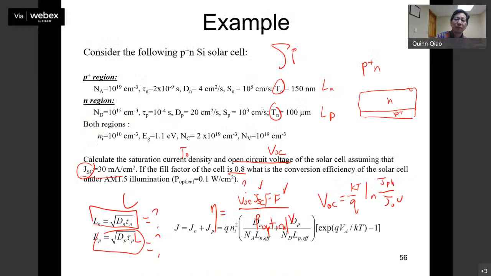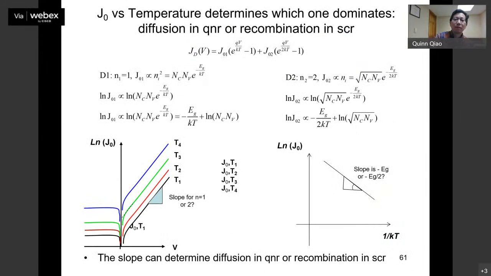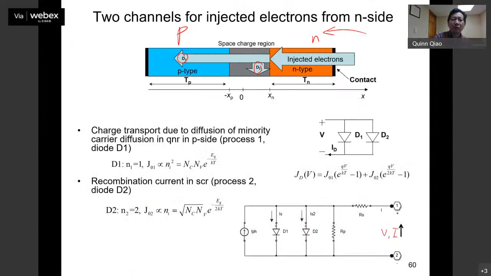That's what it means. Okay, now we have two diodes. This first one is band gap energy over 1 kT, n equal to 1, because Eg over nkT, right? So here the recombination is Eg over 2kT, so n equal 2.